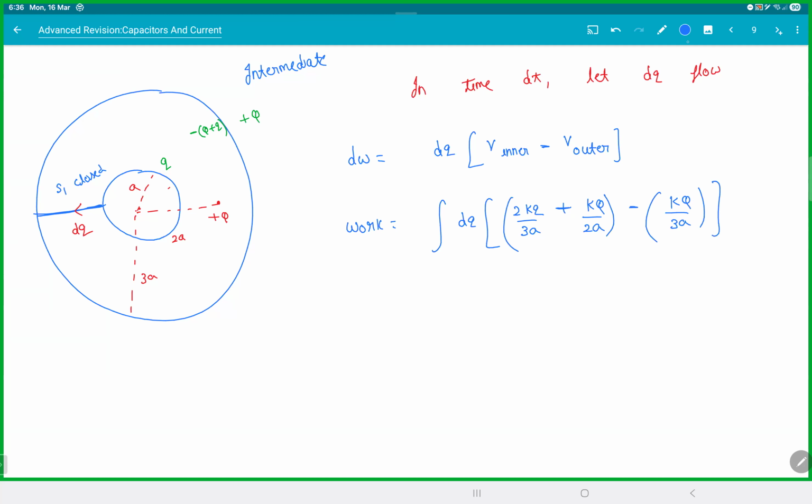So this is the potential difference as a function of time, that is, a variable as a function of small q. This is V inner minus V outer at time t. This is the potential difference, which is changing with q.